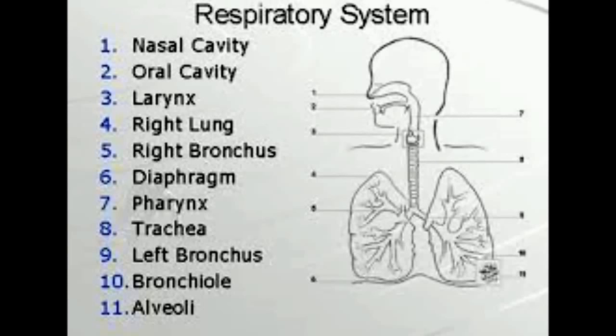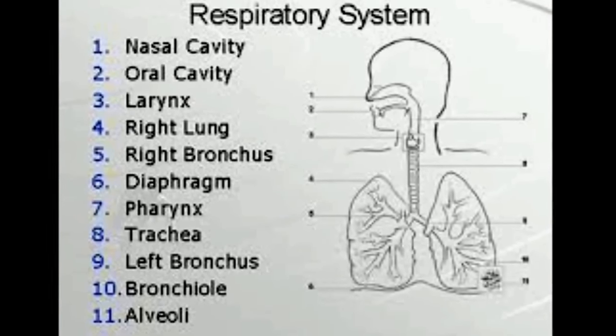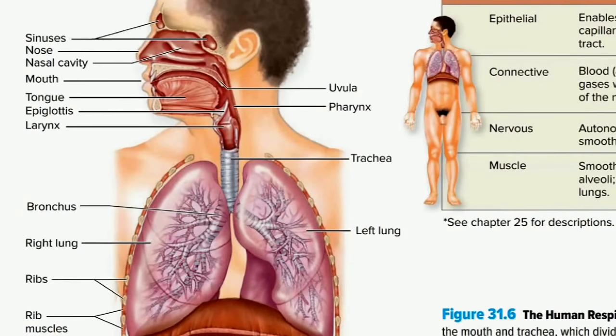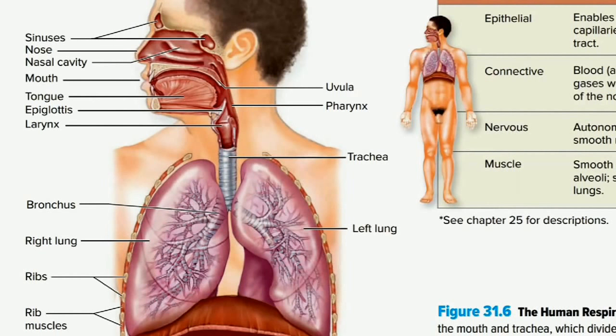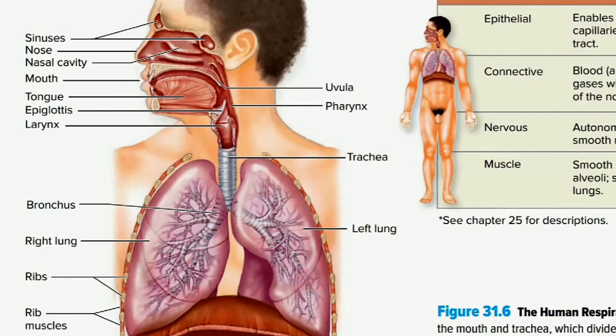Then it enters into the trachea, where the ciliated epithelial cells filter it, and it enters into the bronchus, and then bronchioles are the fine branches of the bronchus, and each and every bronchiole opens into the alveoli.